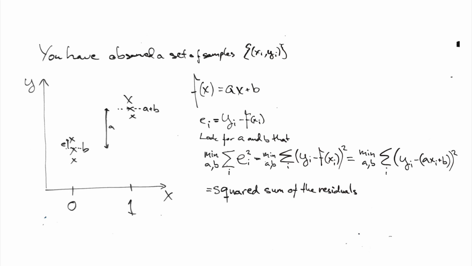And now just as before, you can fit this model to get the A and B that minimize the squared sum of the residuals. And we can investigate if this lowers the squared sum of residuals more than expected by chance.